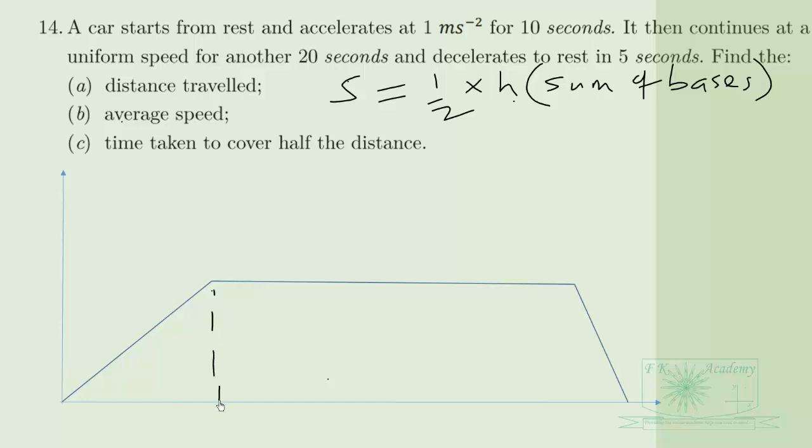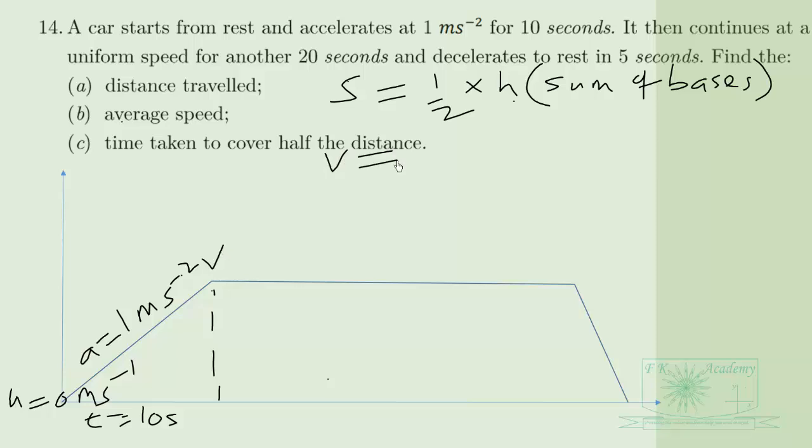It took 10 seconds in the first phase, so t is equal to 10 here. Acceleration was 1 meter per second squared. Initial velocity was 0 meters per second. Final velocity, we don't know. We can use the equation of linear motion, v equal u plus at, to find the final velocity v.